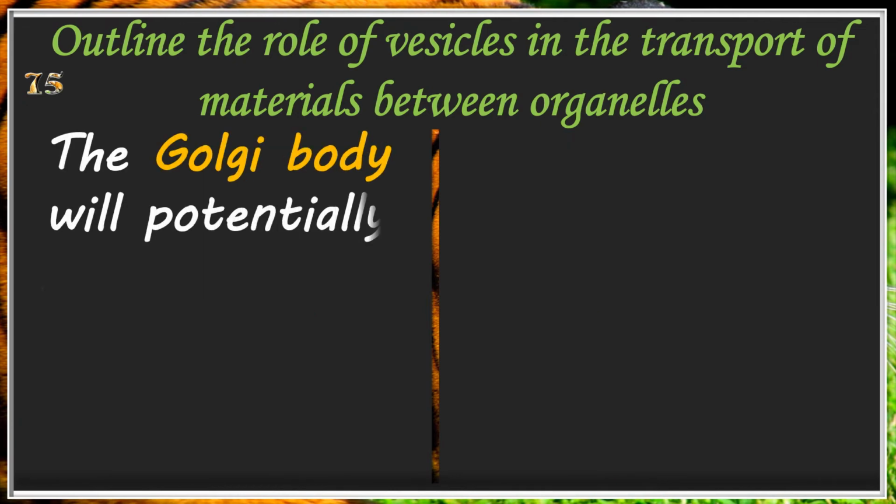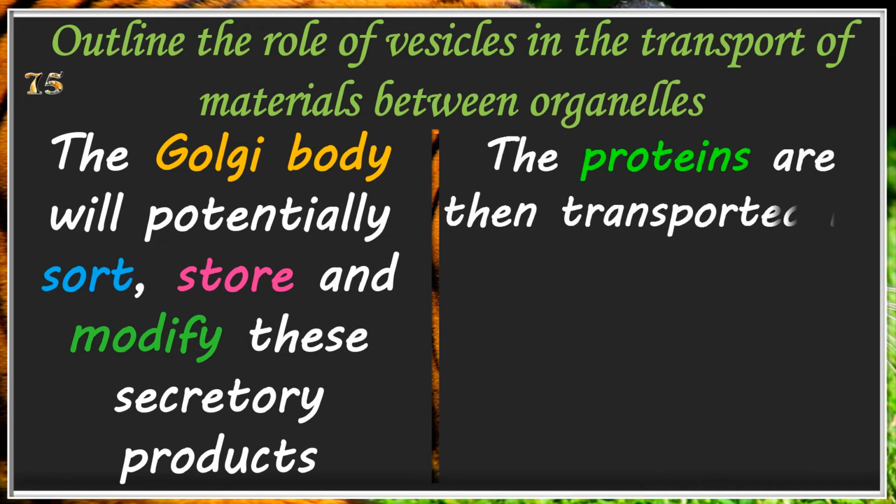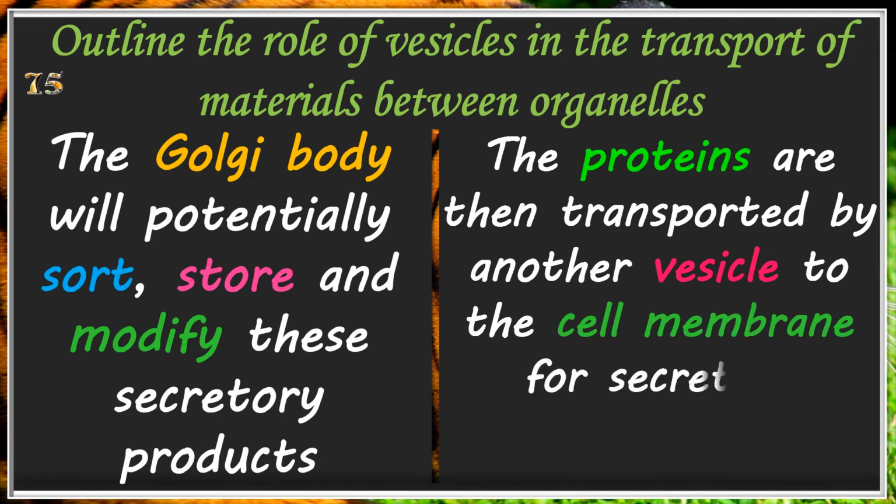The Golgi body will potentially sort, store, and modify these secretory products. The proteins are then transported by another vesicle to the cell membrane for secretion, what we call exocytosis.